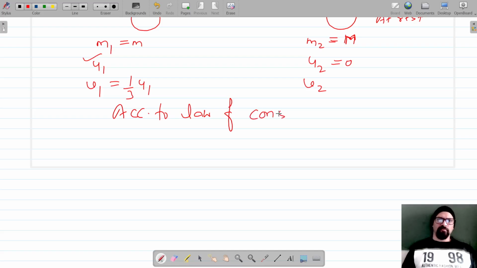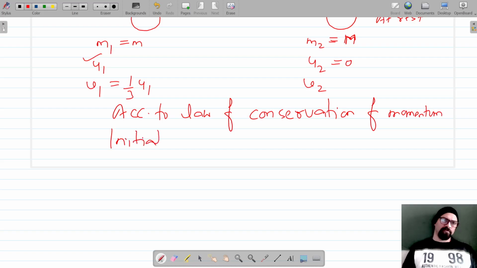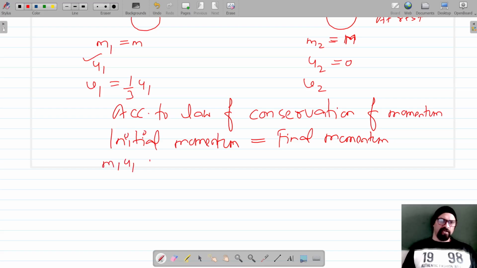According to the law of conservation of momentum, initial momentum is equal to final momentum. Initial momentum is given by m1 u1 plus m2 u2, and final momentum is m1 v1 plus m2 v2.